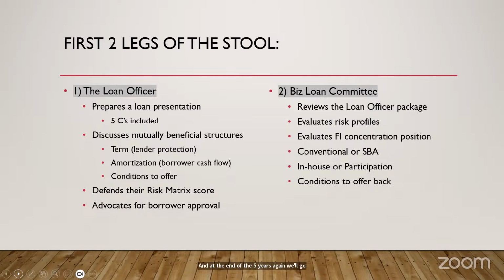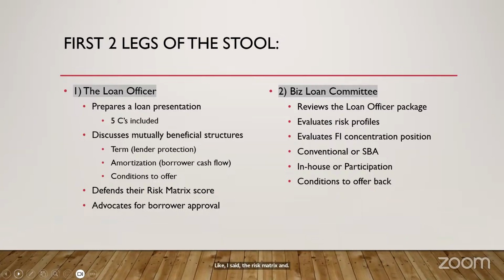The loan officer also shows conditions to offer as well. A condition could be a UCC filing, a blanket UCC filing on all your business assets or even other businesses that you own. It also defends, like I said, the risk matrix score and advocates for borrower approval.